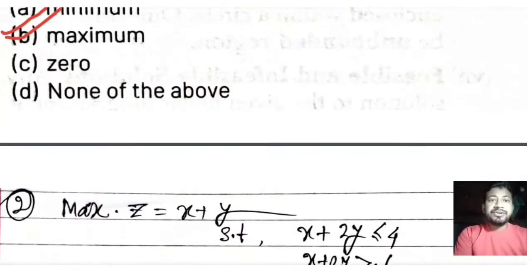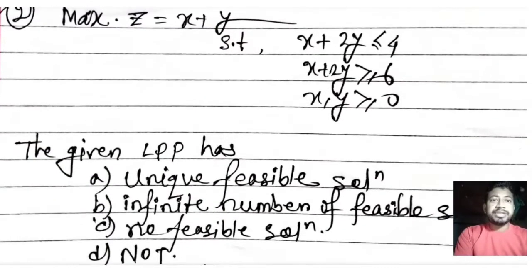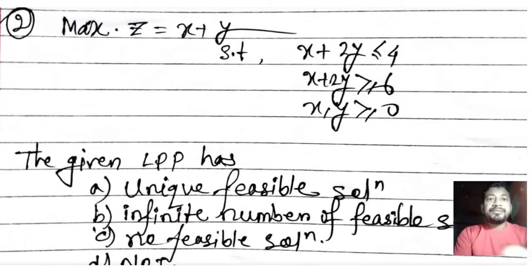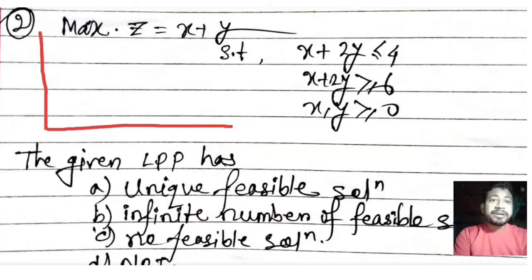Now goes to question number 2. Maximize z = x + y such that x + 2y ≤ 4, x + 2y ≥ 6, x, y ≥ 0. The given LPP has... So at first you have to draw the figure. Think that here 2, here 4, here 6, and also here 2, 4, 6.